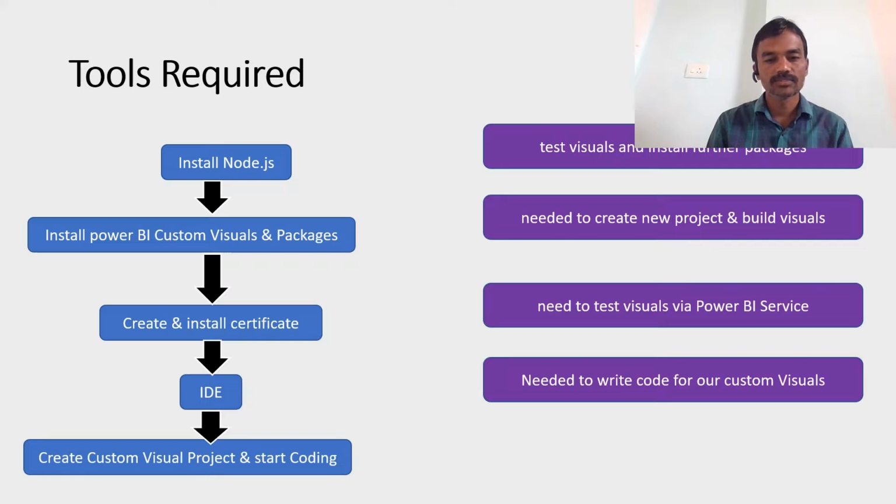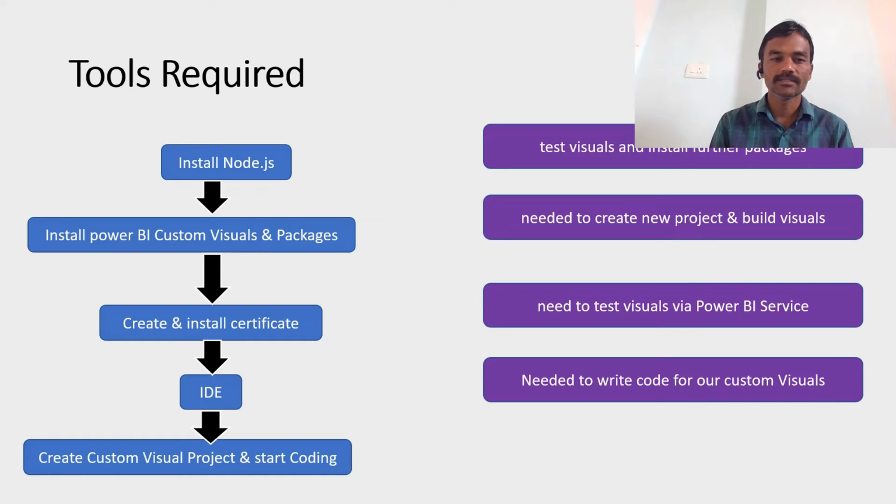So these are the things which are needed. First, we need to understand custom visuals. Custom visuals are nothing but creating our own visual types or chart types that can be customized as per the requirement. The second thing is the technologies. We should be able to understand the TypeScript programming language. It is not that hard, and you can learn that as well.